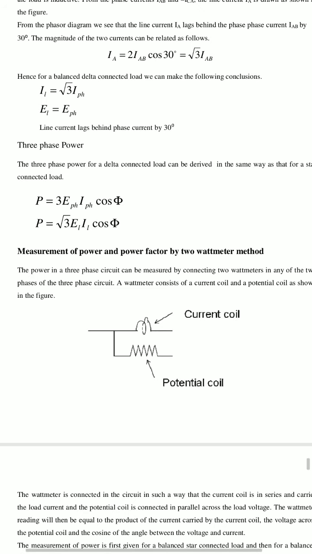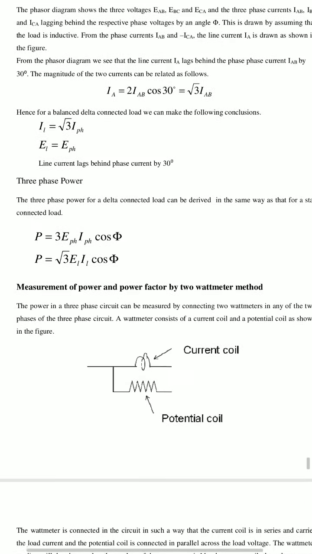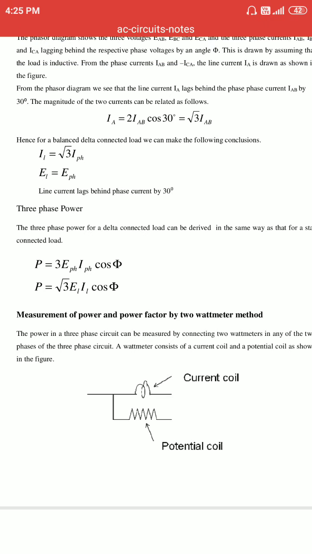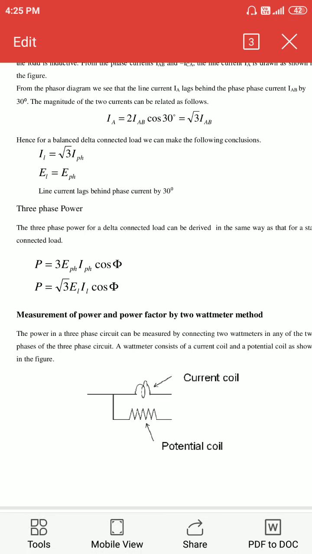The magnitudes of the two currents can be related as follows. IA is equal to IAB cos 30 degrees, that is root 3 IAB. Hence, for a balanced delta connected load, we can make the following conclusions.